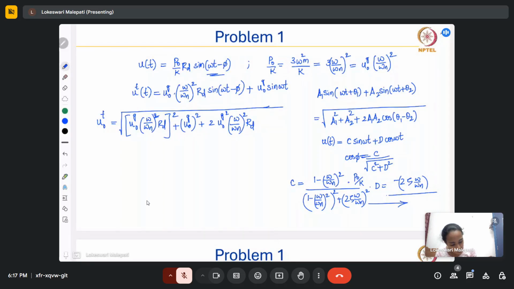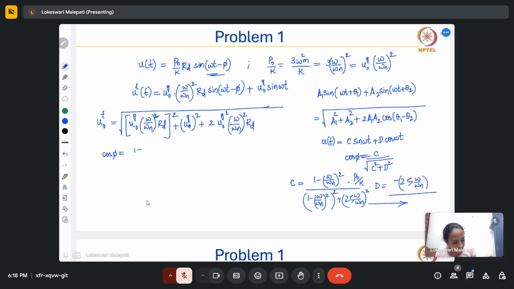So now if you substitute for cos phi, then you will get cos phi is equal to... so you have to substitute for C and D, which you can do by yourself.